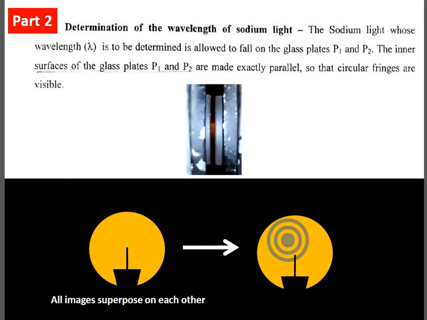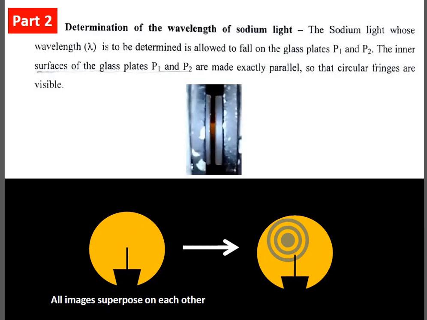So now after the first part is the second part. And what's that? Basically determination of this average wavelength of the sodium light, which is 5890, 5896. What's the average in between, right?